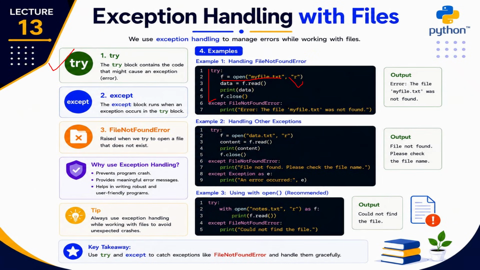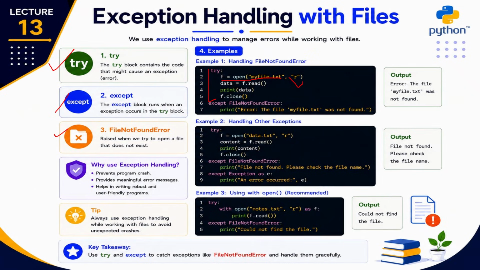Now the third one is FileNotFoundError. It is a specific Python exception. It occurs when we try to open a file for reading, but that file does not exist at the specified location.